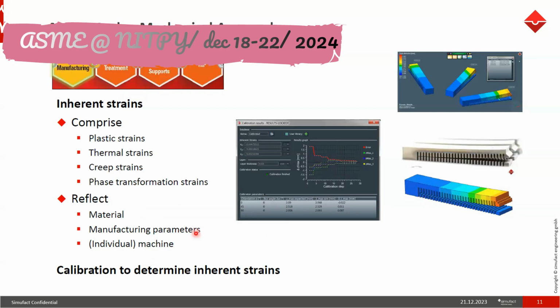If the machine changes, sometimes they would have changed some laser parameter or something, which again changes the strains developed in the part. So generally they do this exercise to calculate the inherent strains, save them in your database, and then use them for your real manufactured part.